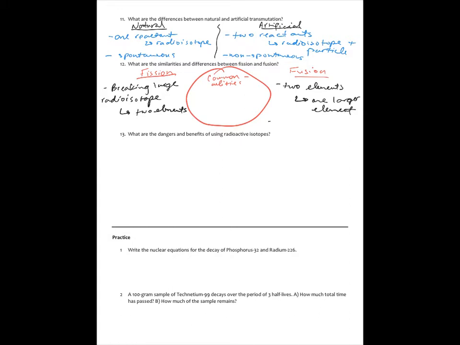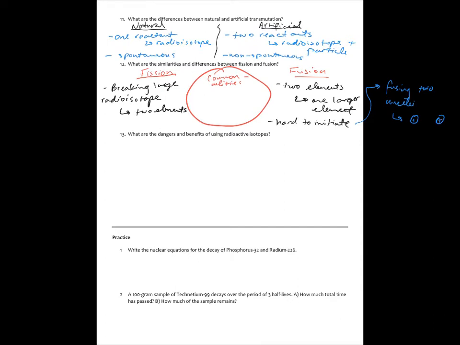Now this fusion reaction, it's hard to do. Now why is that? When you're putting two elements together, you're essentially fusing two nuclei together. And you have one positive nucleus and another positive nucleus.